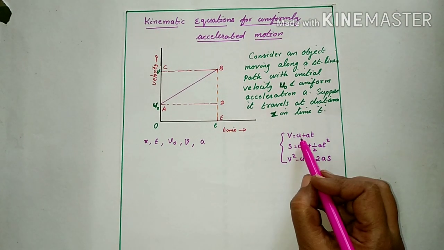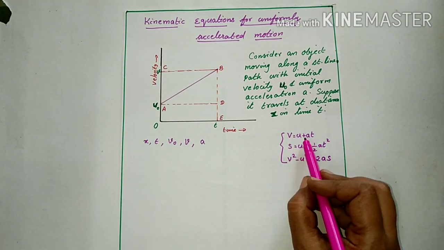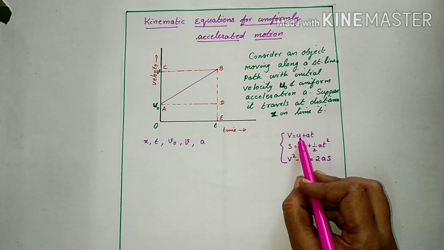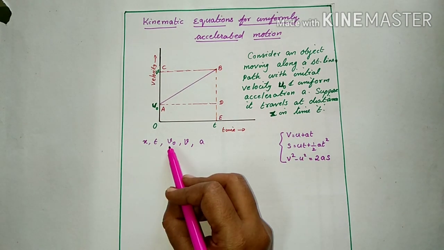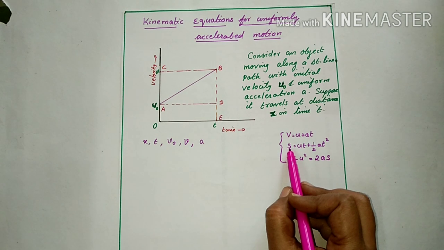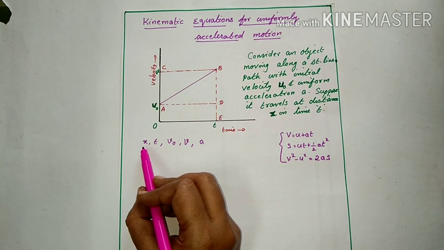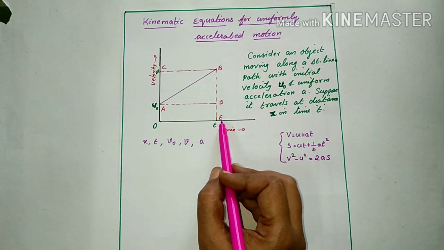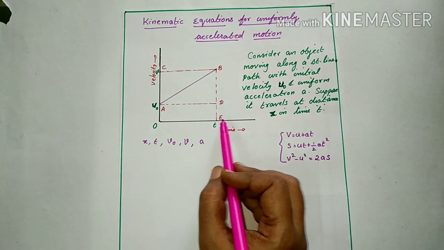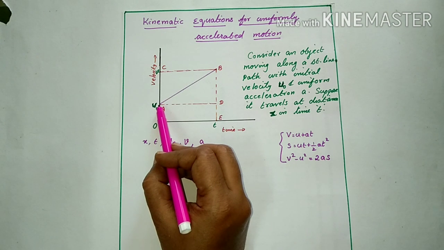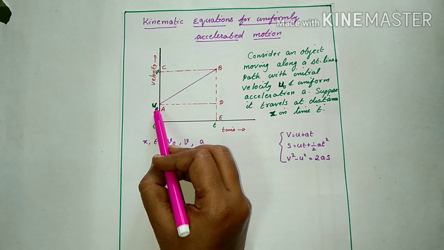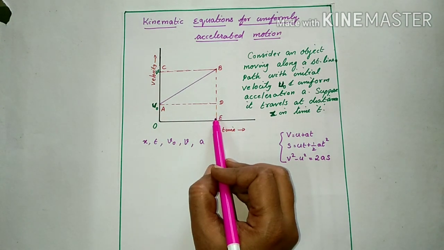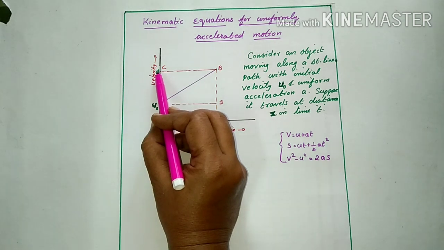So here, this year in 11th standard, you will study with the initial velocity u as v0, and displacement s as x. So this is the v-t graph for uniformly accelerated motion. Here an object moves with an initial velocity v0 and after time t it attains the velocity v.